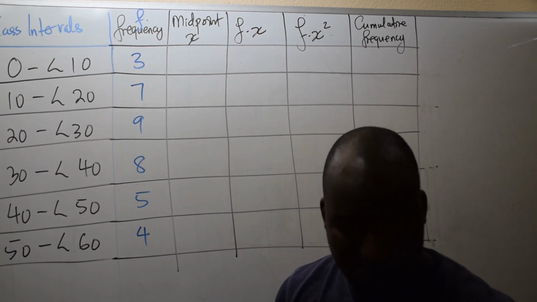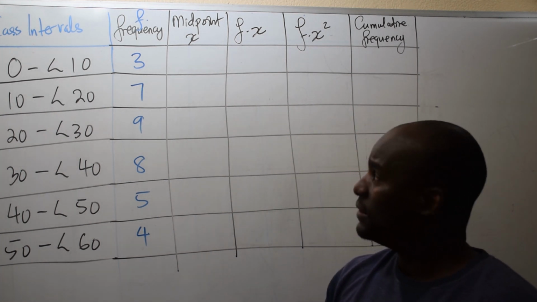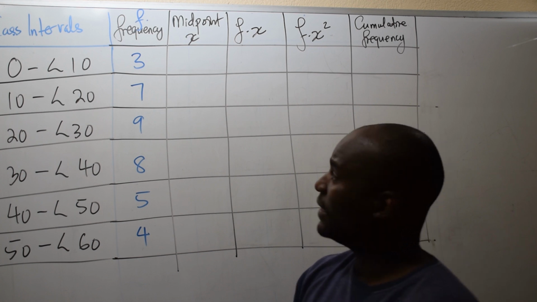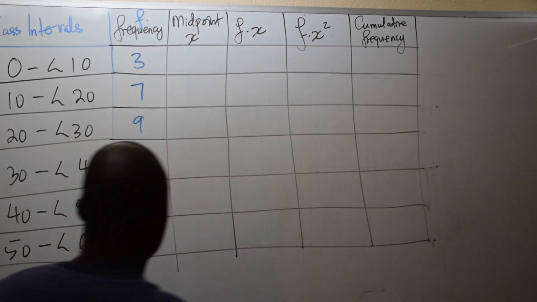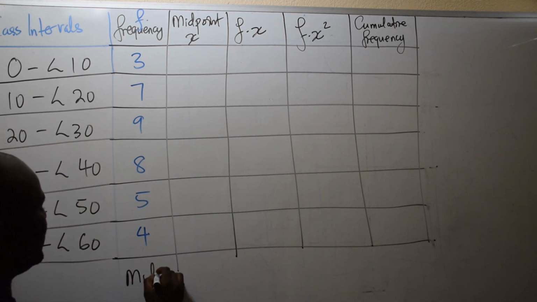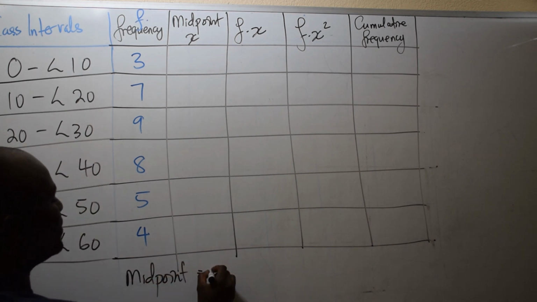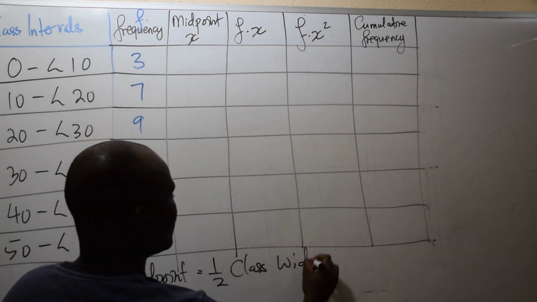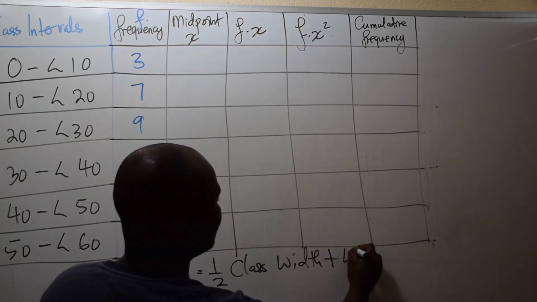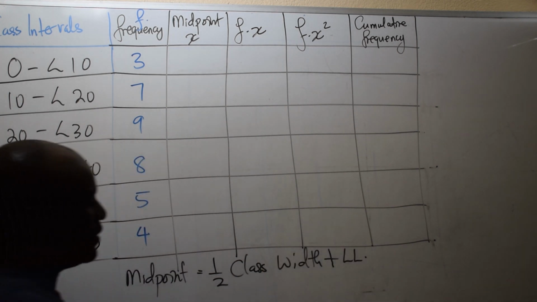So you need a calculator, and now we need to calculate the midpoint. How do we calculate the midpoint? The midpoint is essentially calculated by saying midpoint equals half the class width plus the lower limit.